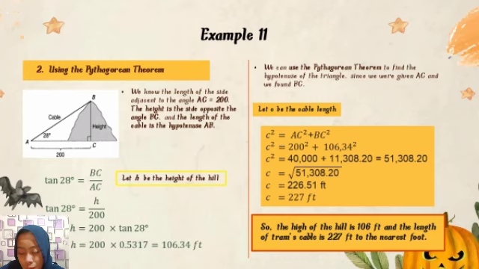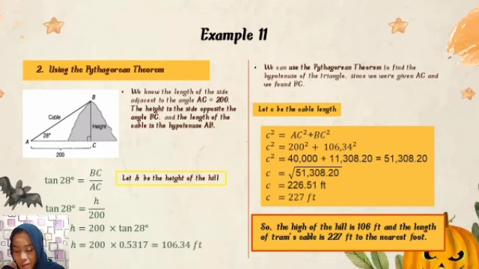And C squared equals 40,000 plus 11,308.20, which equals 51,308.20.